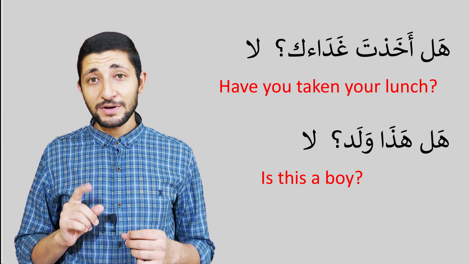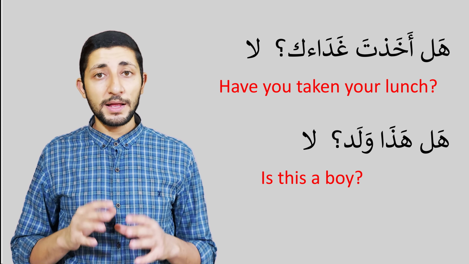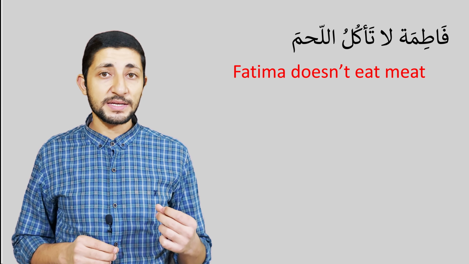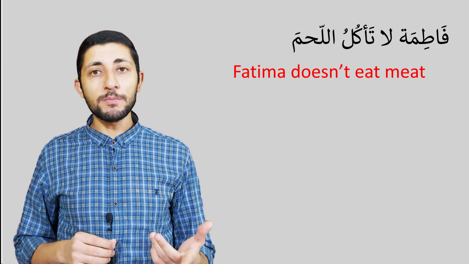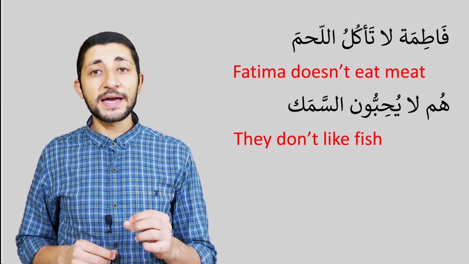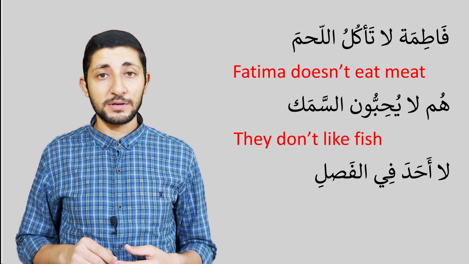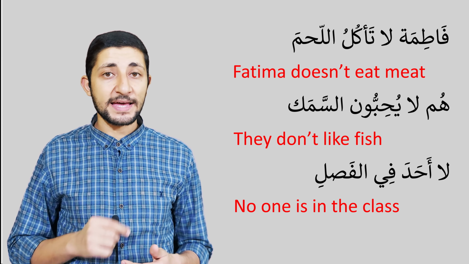Okay? However, sometimes لا means something else. Let's check these examples. فاطمة لا تأكل اللحم. فاطمة doesn't eat meat. هم لا يحبون السمك. They don't like fish. لا أحد في الفصل. No one is in the class.